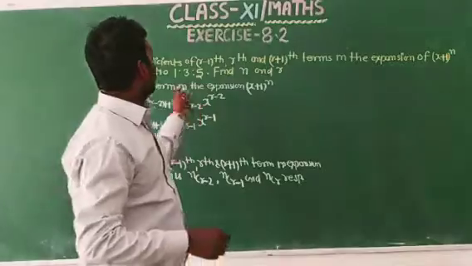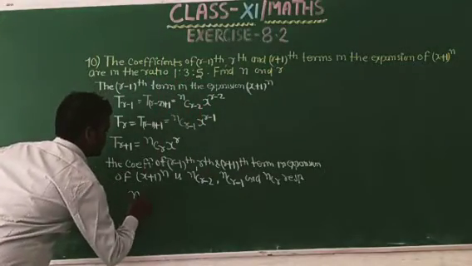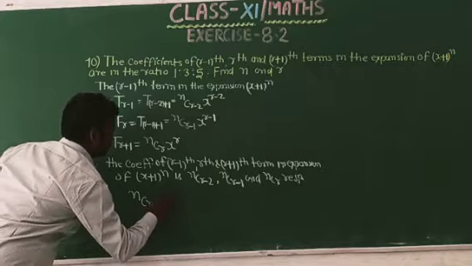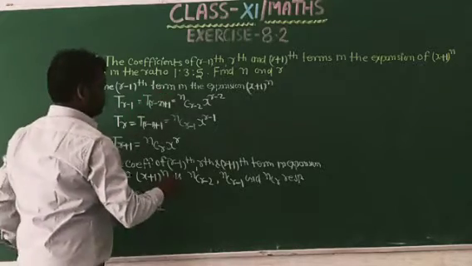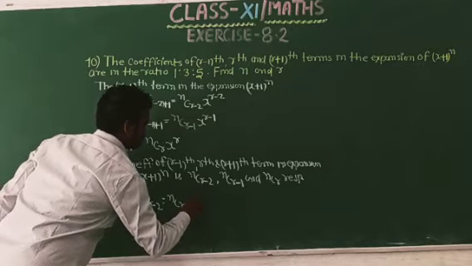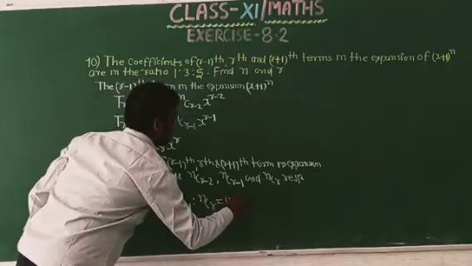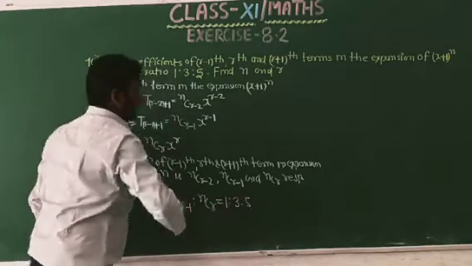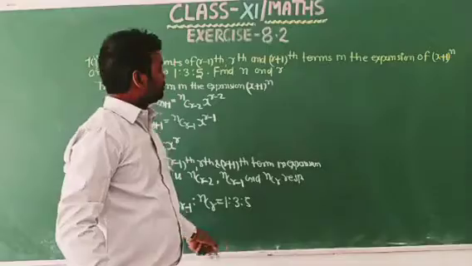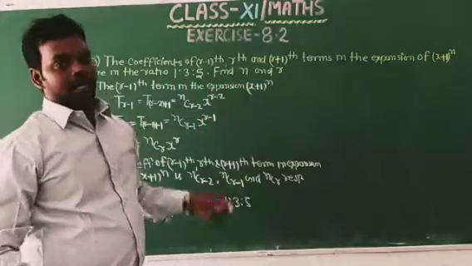And their ratio is given here: nC(r minus 2) to nC(r minus 1) to nC r equals 1 to 3 to 5. Then we need to find the value of n and r.